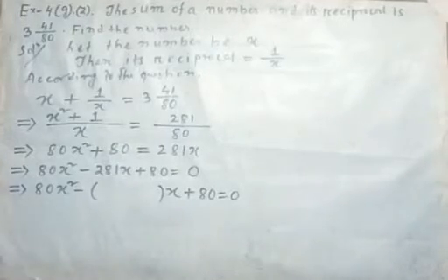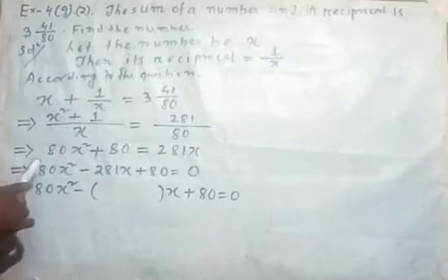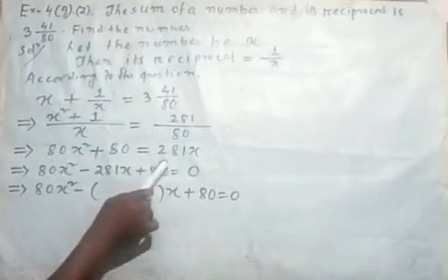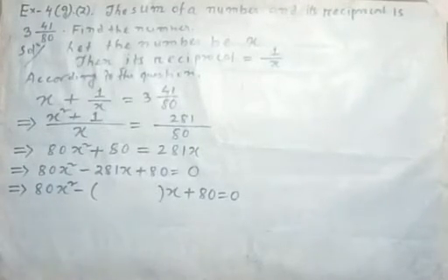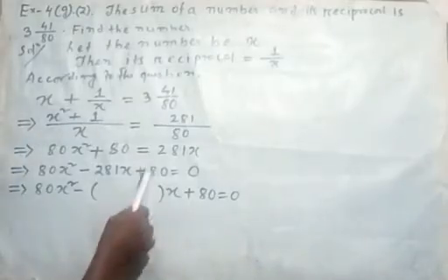So here the a value is 80 and the c value is again 80.